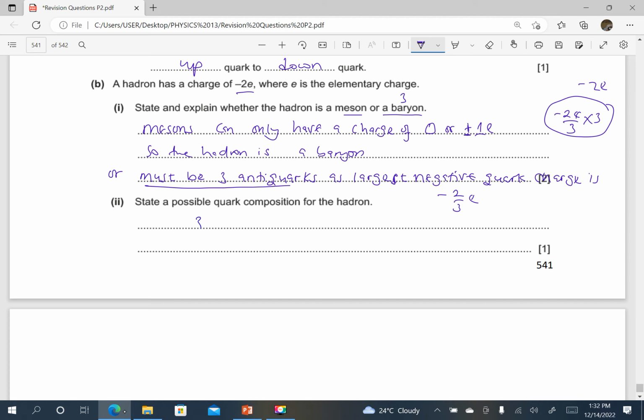So this could be 3 anti-up quarks, that is, anti-up, anti-up, anti-up. Or it could be anti-charm, or it could be anti-top. But most commonly, anti-up quarks are more common.